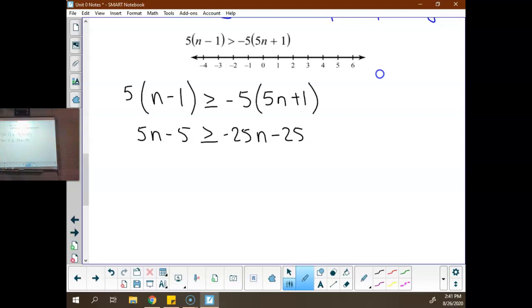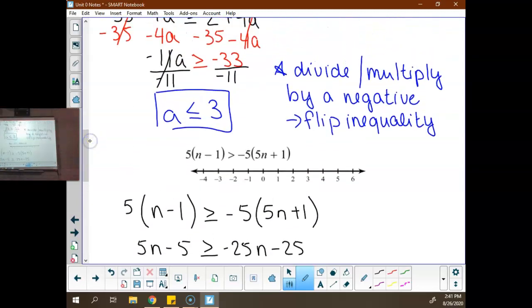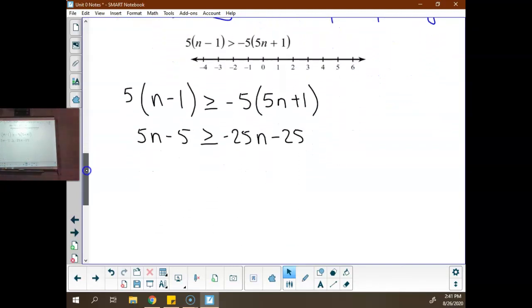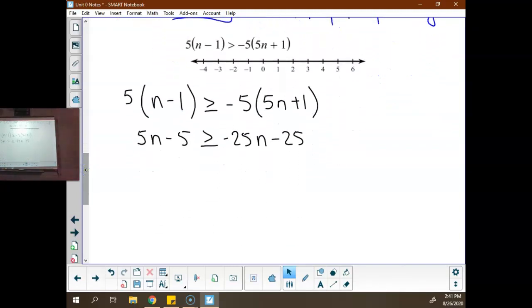And maybe that's something I should have added up here, just to make sure we're extra clear. So you only have to flip your inequality sign when you multiply or divide on both sides. All right, so now that I've done this, I can start moving some things around.